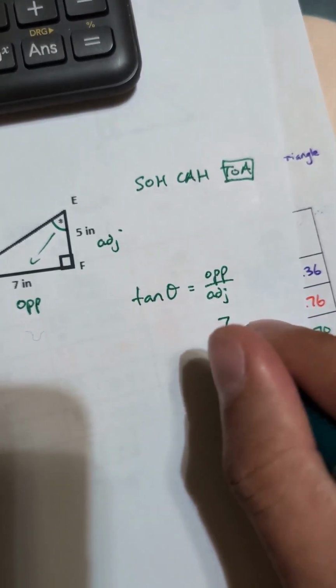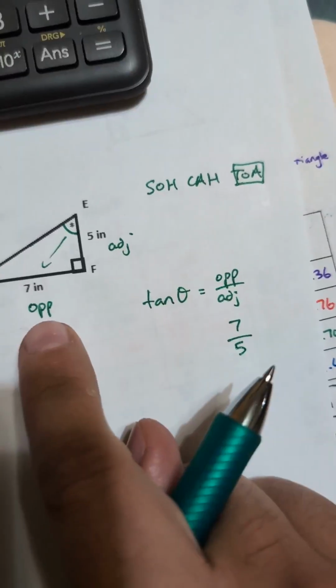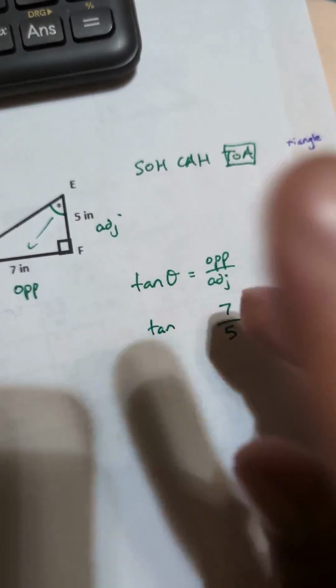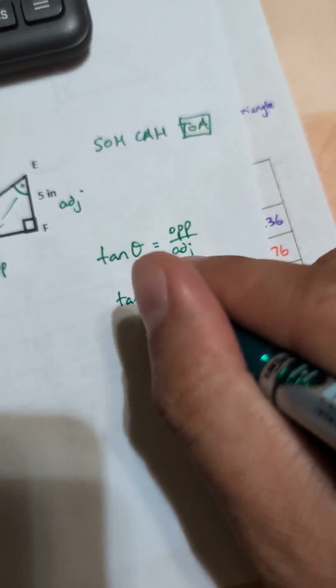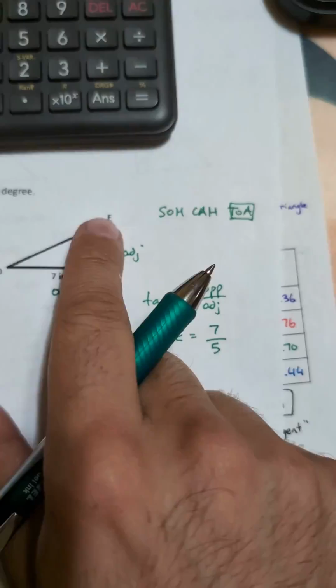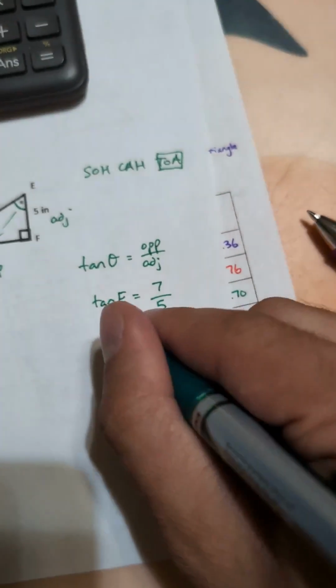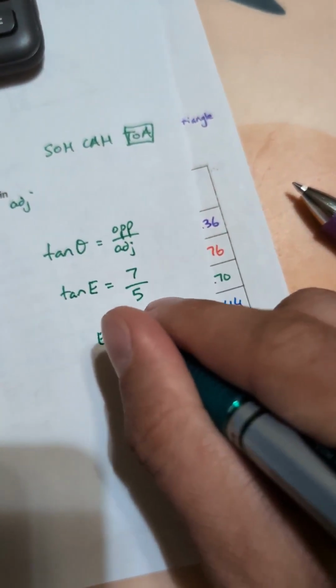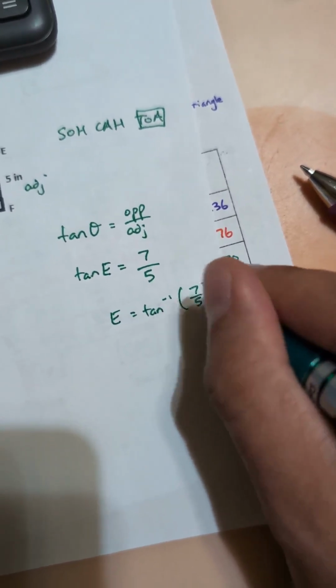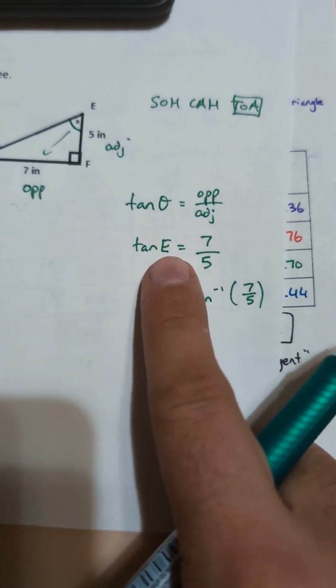And so my opposite over my adjacent, 7/5, is going to be, I could write theta, or you could write this angle E, because that's the angle that we're measuring. And so E is tan inverse of that ratio in order to solve for the angle.